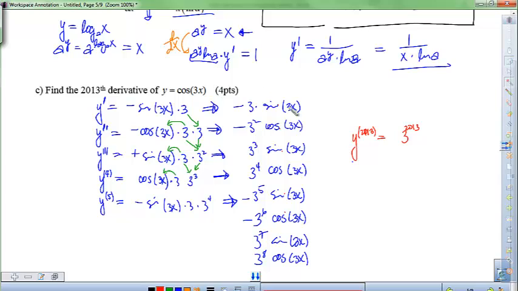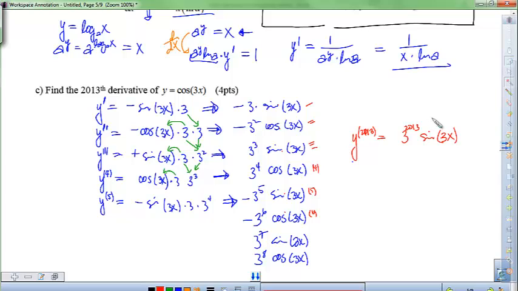This is the first derivative, this is the second derivative, this is the third derivative, this is the fourth derivative, this is the fifth derivative. So it looks like the odd numbers will give you a sine, the even numbers will give you a cosine. That's easy enough to figure out. 2013 is an odd number. Odd numbers give you sine. So this would be sine 3x.